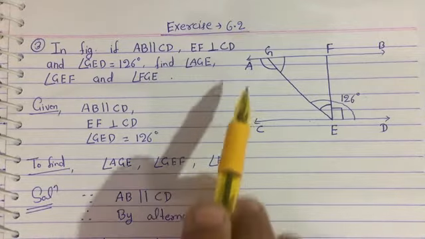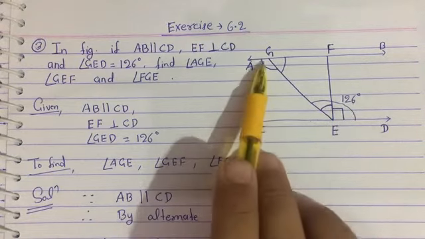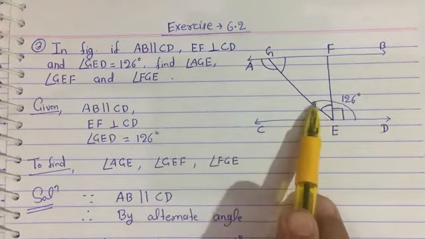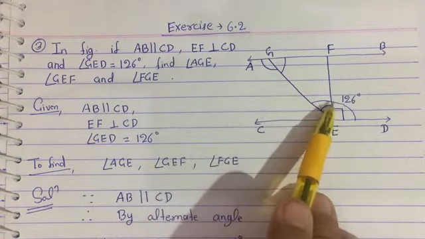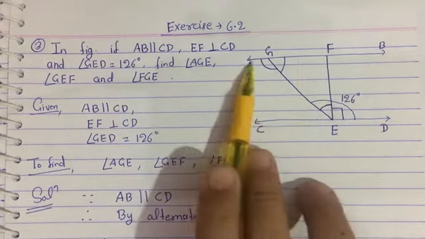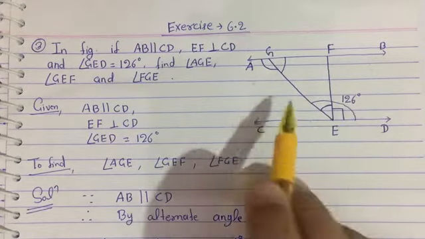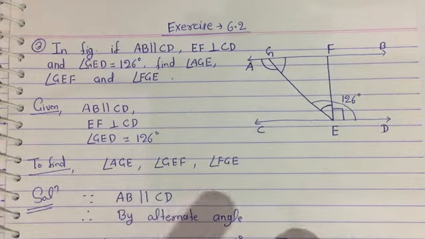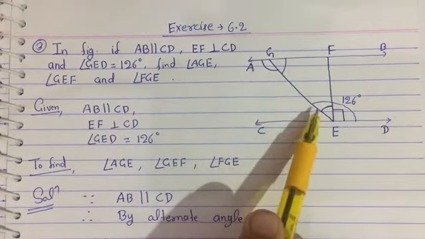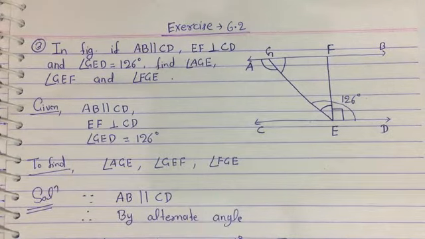And third, this angle and this angle, look very properly, are alternate interior angles. Why? Because AB is parallel to CD and this line is a transversal. Both angles are on opposite sides of the transversal. That's why these are alternate interior angles, and we know alternate interior angles are equal to each other.